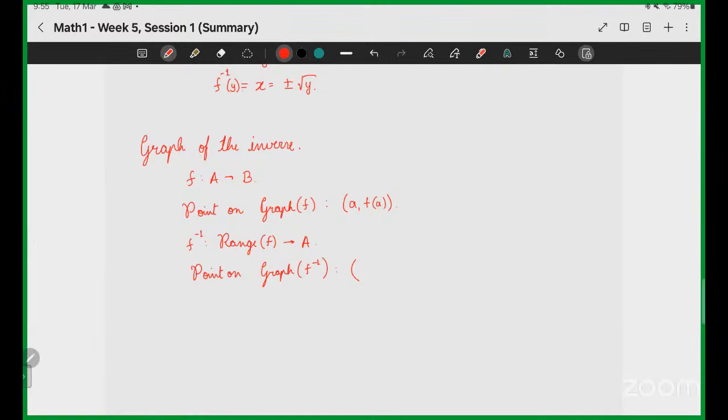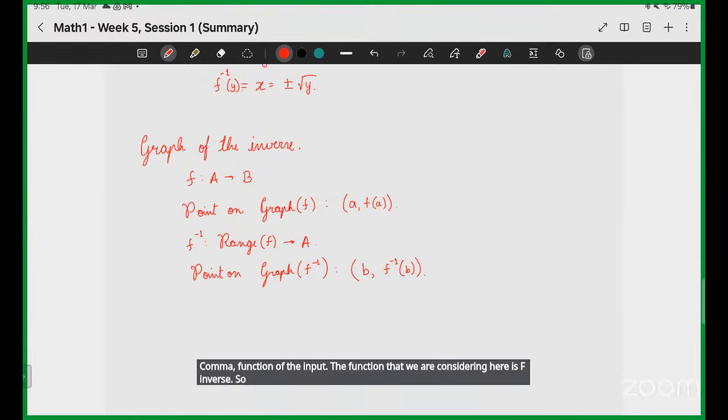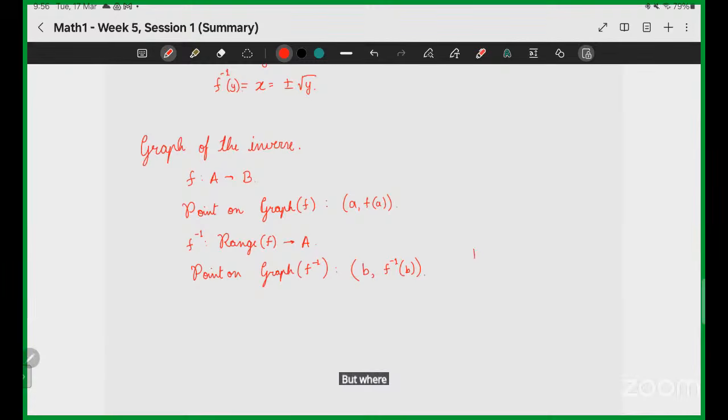Let's start with b, f inverse b. This is by definition, right? By definition, it should be of the form input, comma, function of the input. The function that we are considering here is f inverse. So a typical point would look like b, comma, f inverse of b. But where is b? b is in the range of f.